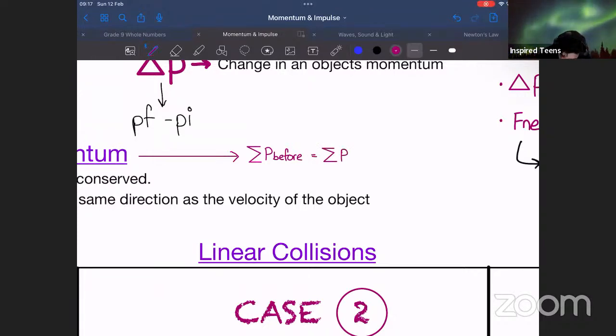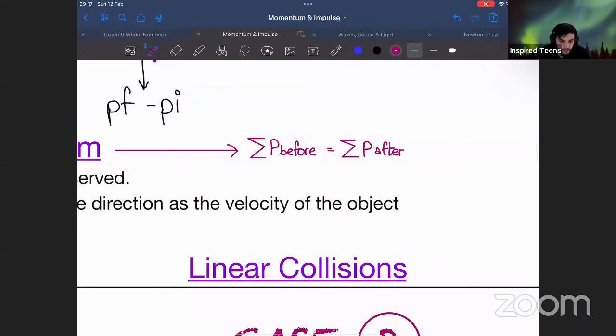Because we're dealing with two objects, of the momentum after. In a collision, when we add up the momentums of both objects before, it has to be equal to the addition or the sum of both of the objects' momentums after. Okay, so that is the formula for conservation of linear momentum.